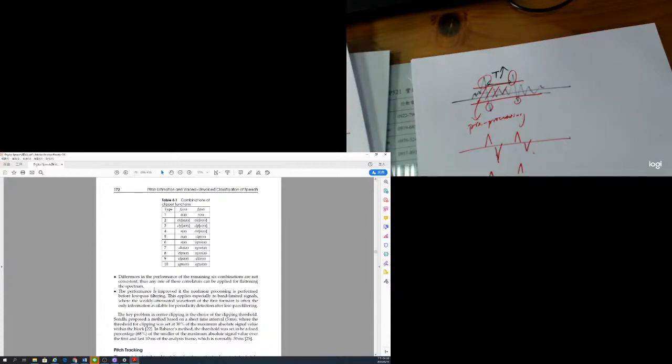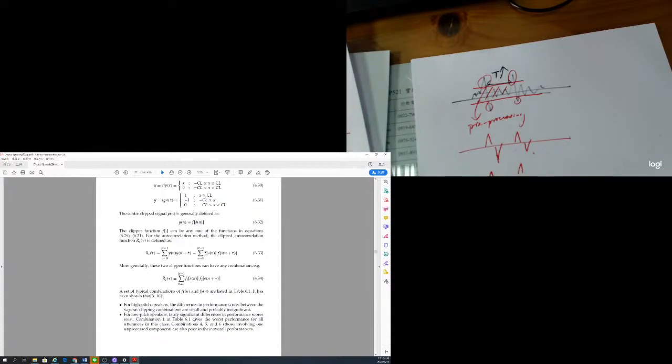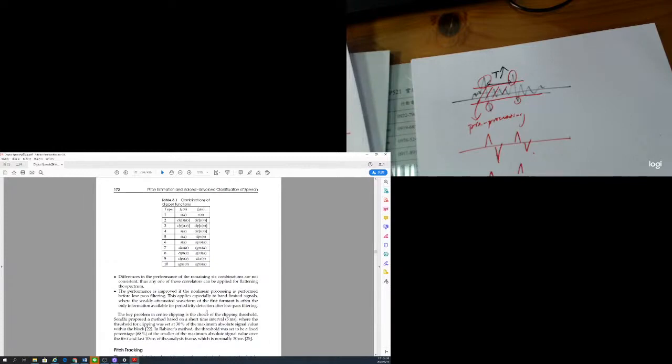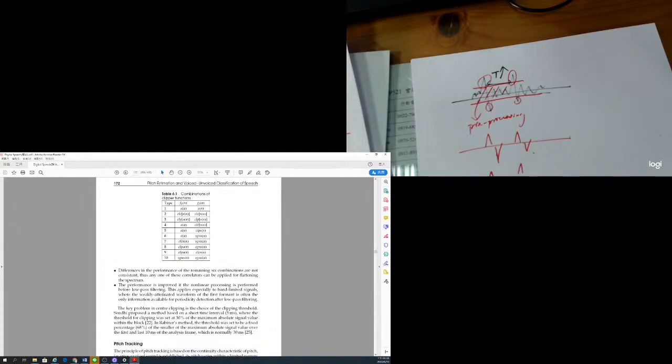If the pitch is high, the period is longer and maybe there's not a big difference, but for a low pitch, with high harmonics and high fundamental frequency, it could make a little difference and improve performance. So this one just gives you an idea.